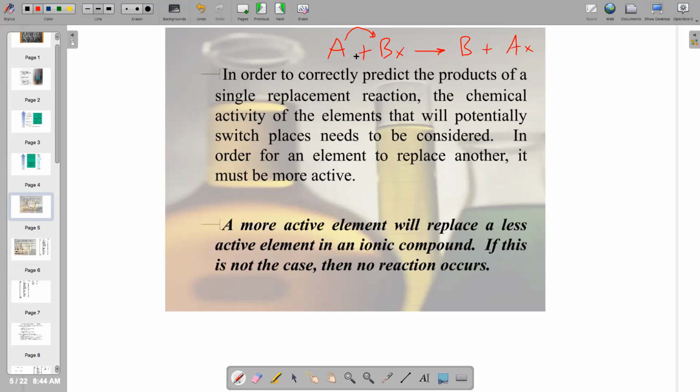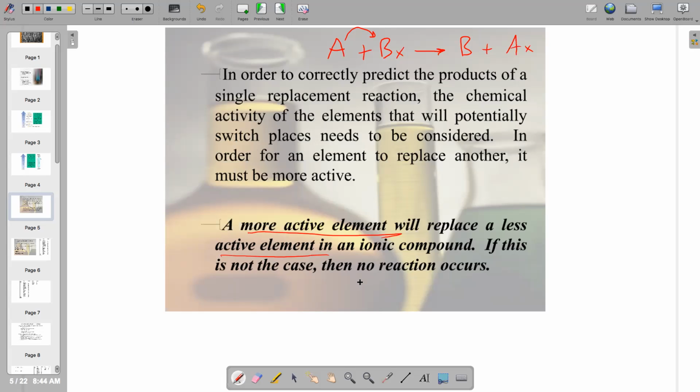It just doesn't happen. If you happen to know the activity series in order, you can know off the top of your head whether the reaction will even occur. So a more active element will replace a less active element in an ionic compound. Otherwise, no reaction.